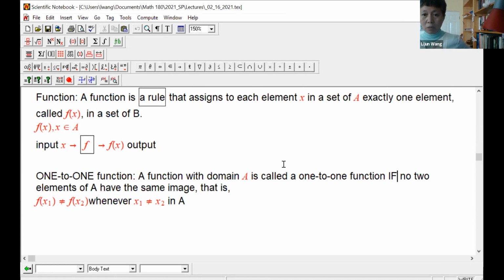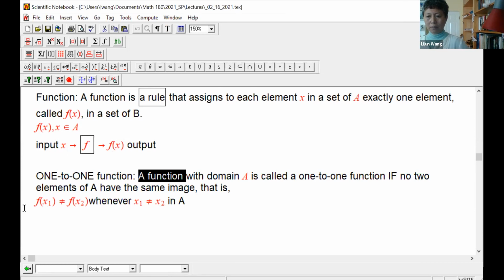It has more requirements to qualify. For a function, the qualification is what? For any input, exactly one output. For a one-to-one function, not only do you have to satisfy that for any input you have exactly one output, which is mentioned here, you also have to satisfy one additional condition.